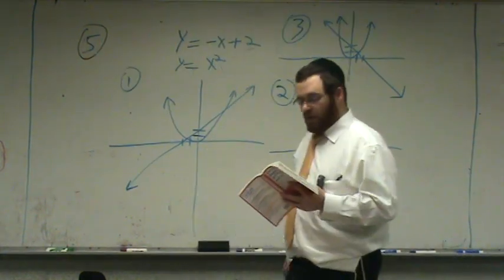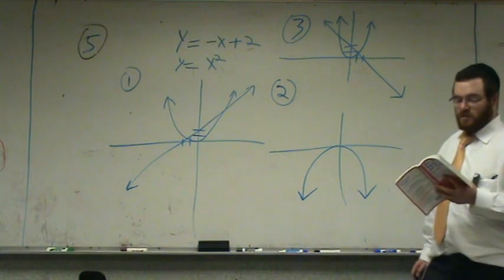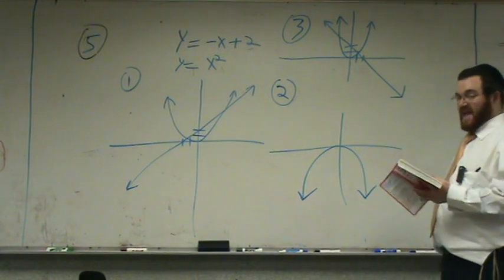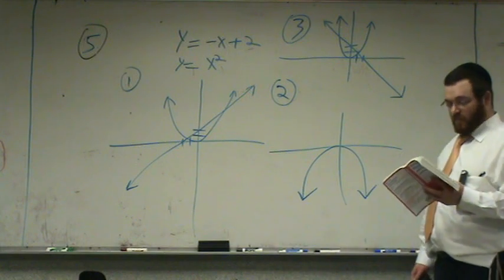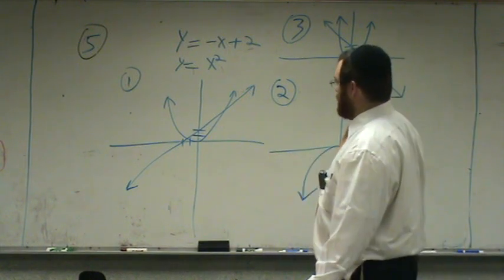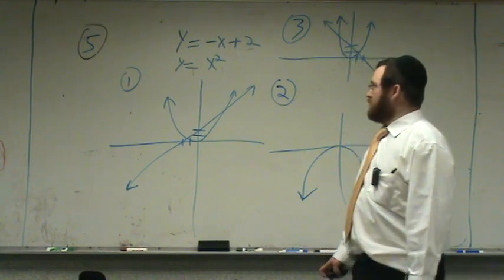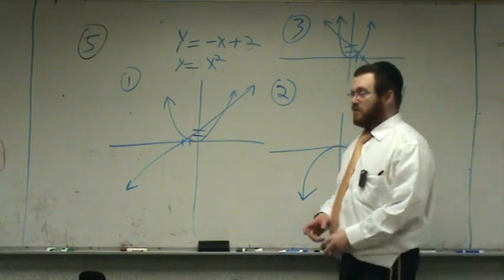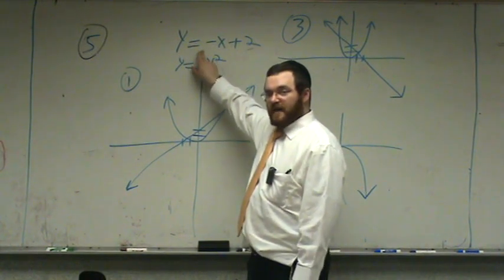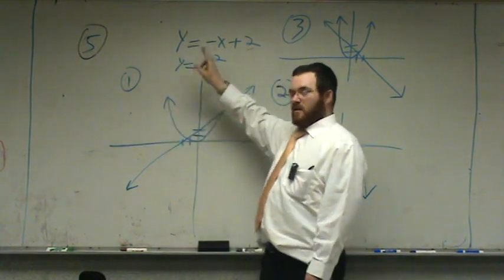Question 5. Which graph could be used to find the solution to the following system of equations? Y equals negative x plus 2, and y equals x squared. Well, negative x means that the slope is going down, because when y is positive, x is negative. When x is positive, y is negative.